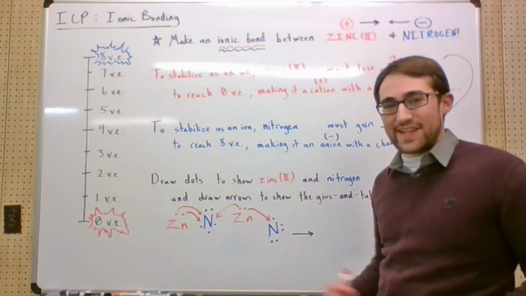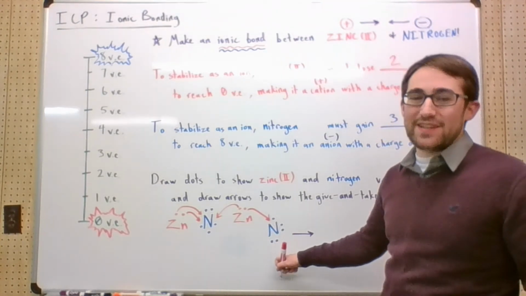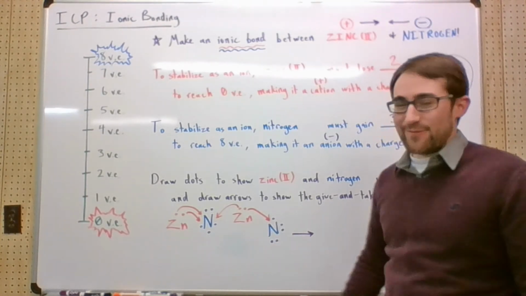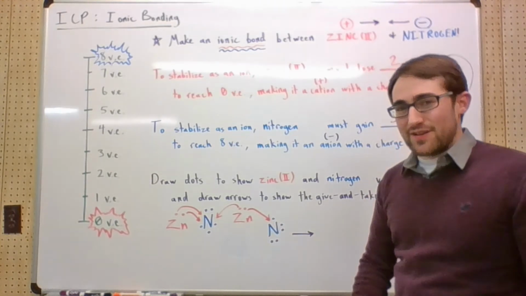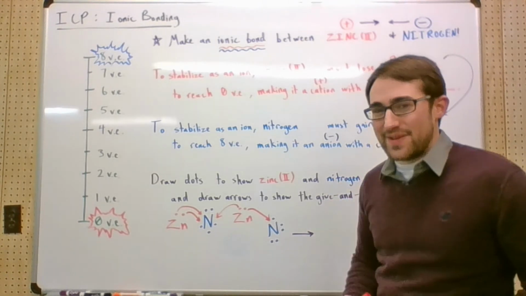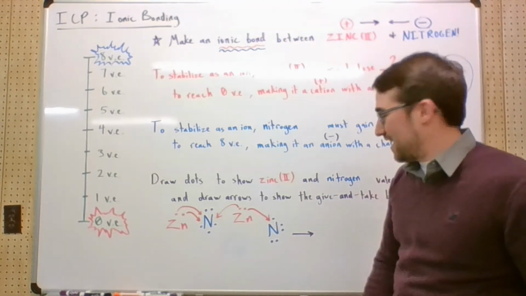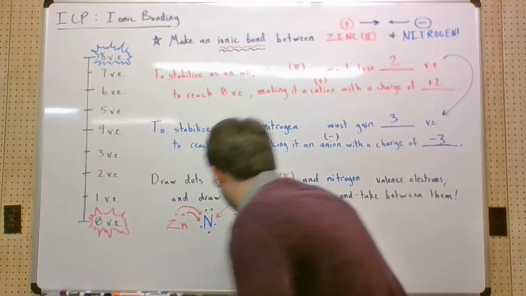So now this zinc is happy, which is good, but this nitrogen still isn't happy. It's gone now from 5 valence electrons to 6 valence electrons. Last thing, I need one final zinc atom that's got 2 valence electrons to get this guy from 6 to 8 valence electrons.